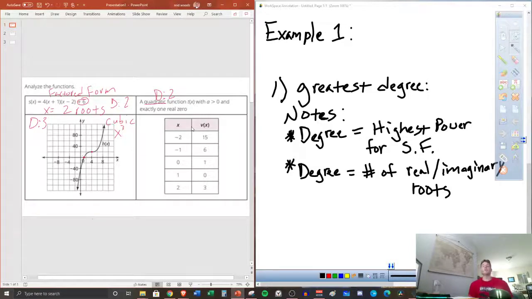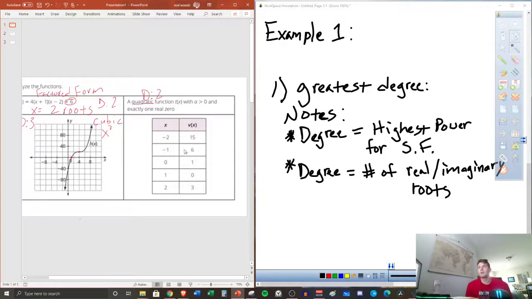All right, so what's brand new here for figuring out degree is going to be this table. We have not had to find degrees from a table before, and if you look at it, it's not very clear what it might be. So we're going to add a note over here. We're going to write down some notes for this.